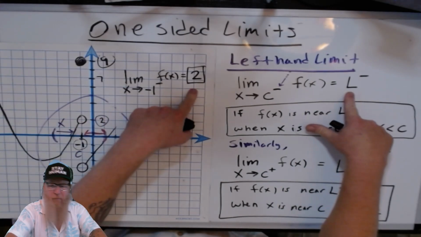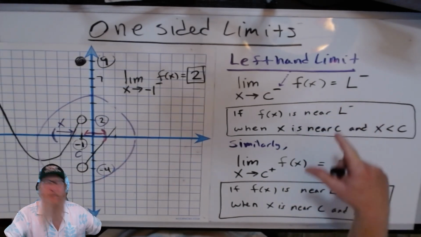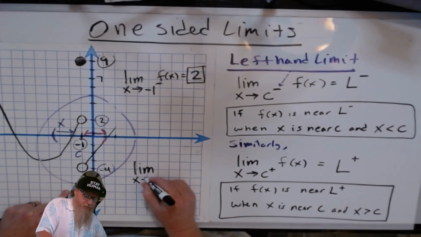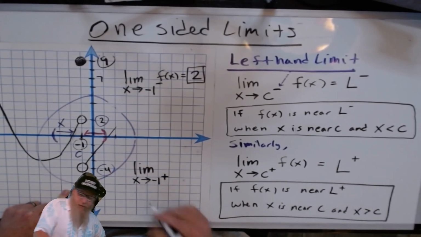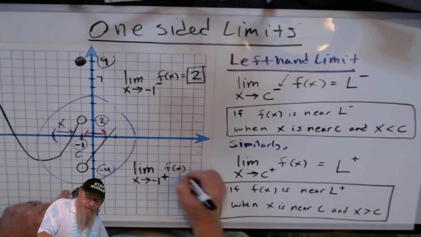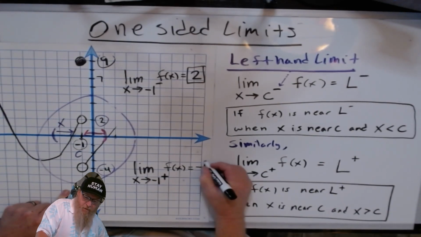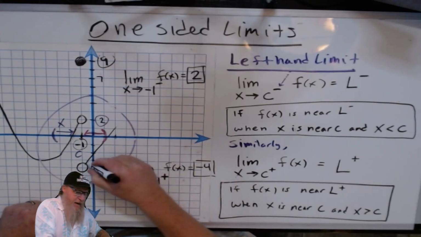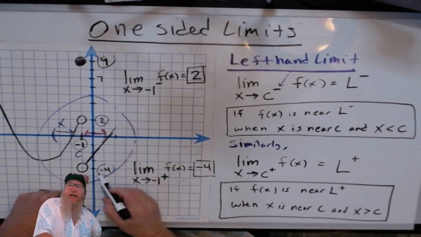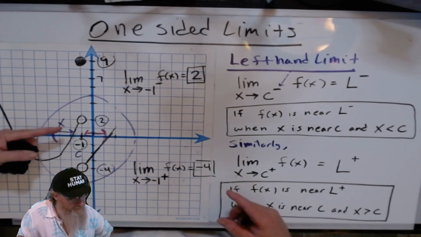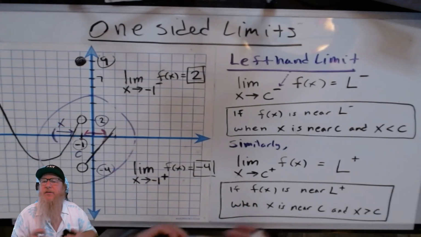So that would be our L minus. So we approach it from the left. And then the limit as x approaches -1 from the right of f of x is -4. So as we approach it from the right, the graph is getting close to -4. The y value is getting close to -4. And as we approach it from the left, it's getting close to 2.